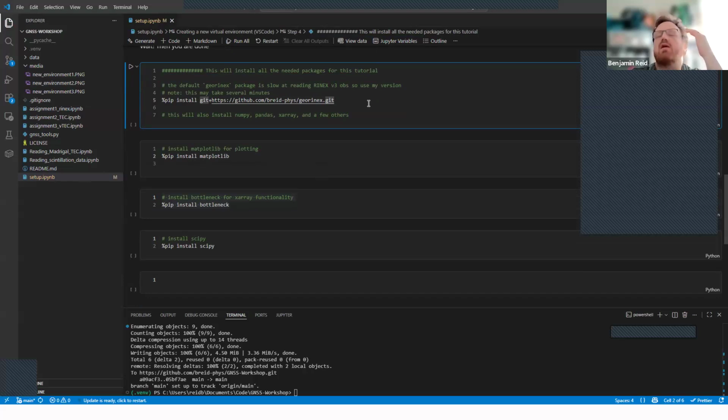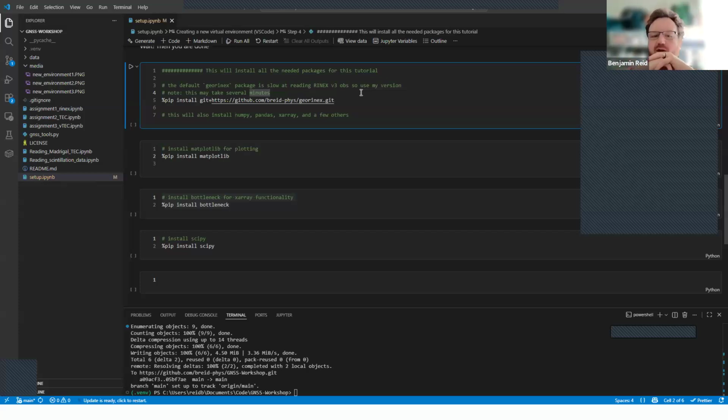The only problem is, I think depending on what Jupyter notebook software you're using, this line. Someone brought it up in the Ionosphere lecture I did, that GeoRINEX is really slow. And you're right, which is why I made a faster branch of it.